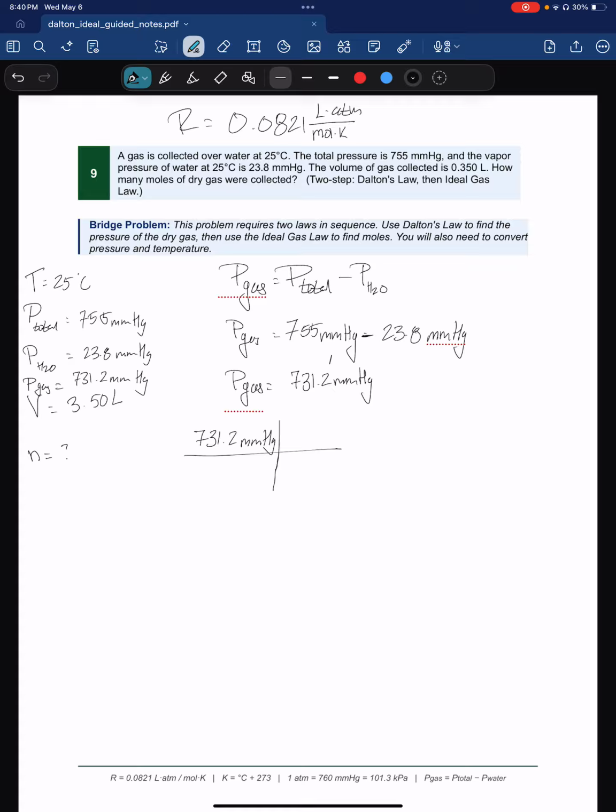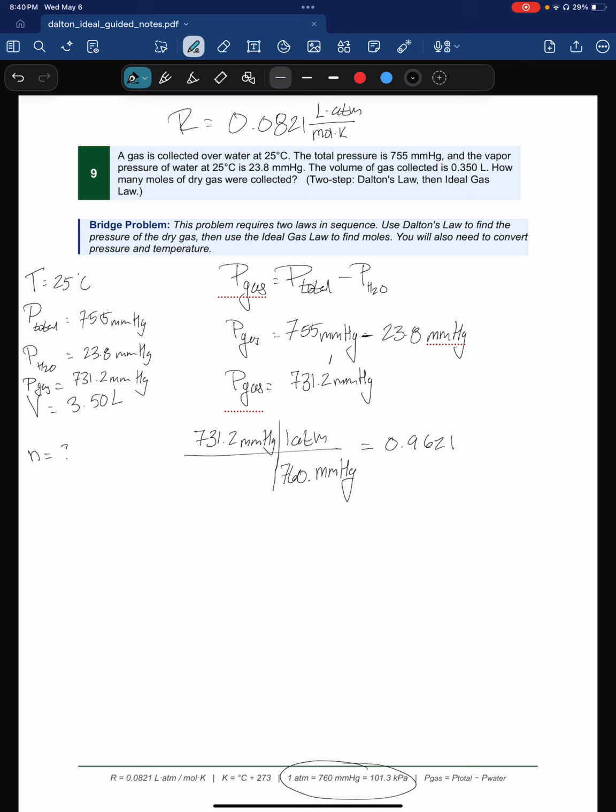For this, you could have gone all the way back to when I gave you that earlier, or you could just look down here at these conversion factors. 1 atmosphere is 760 millimeters of mercury. And so we've got 0.9621.